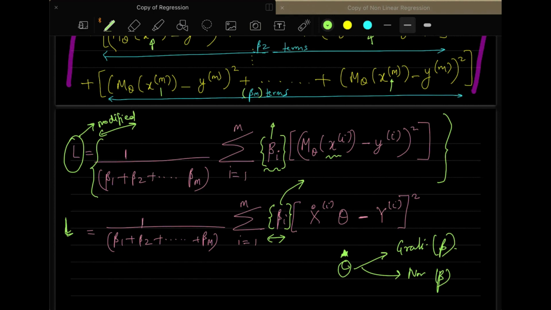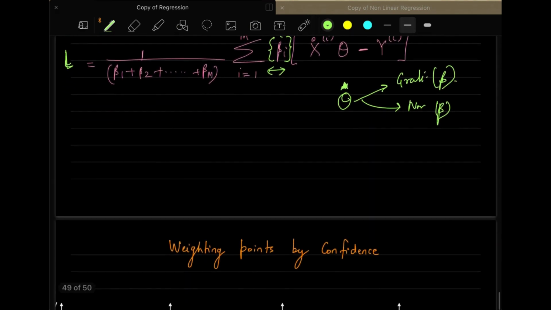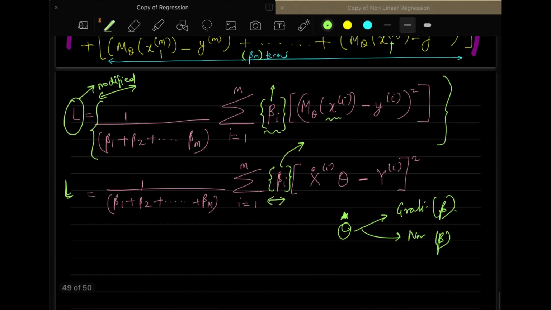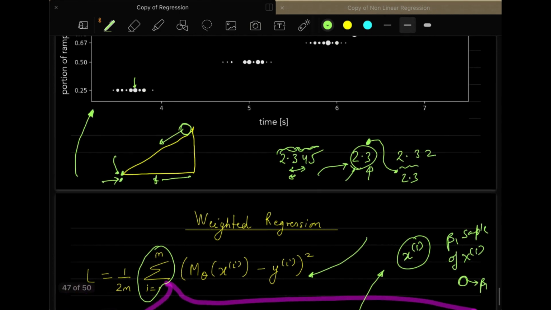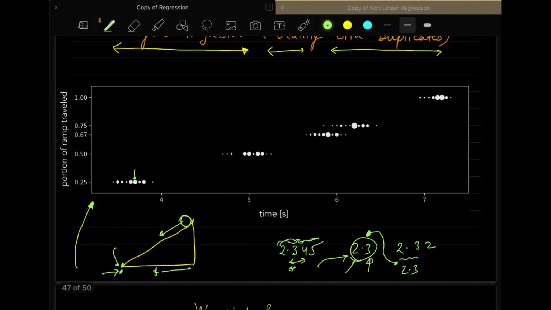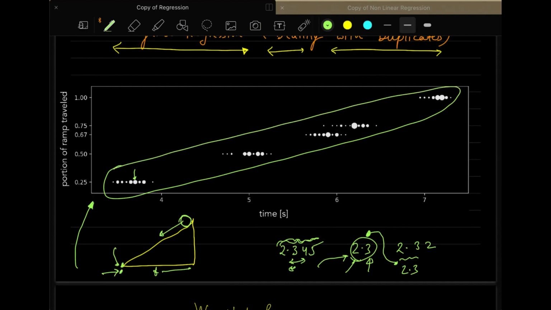And one important point here is that the point of view I have told you for this data set is based on duplicates. Like I am saying, we have multiple duplicates, let's represent them by a bigger box like this, and if you have very few duplicates, then it will be represented by a small dot like this. So the point of view here is in terms of the duplicates.